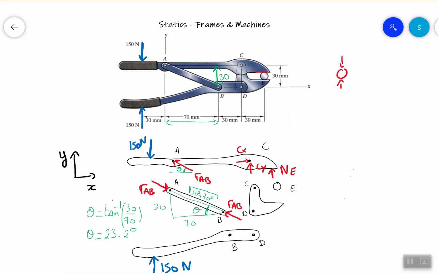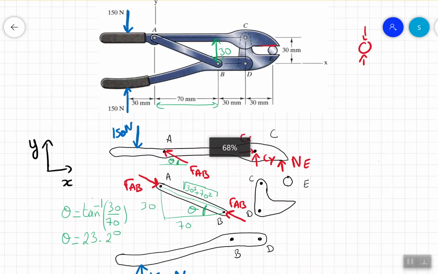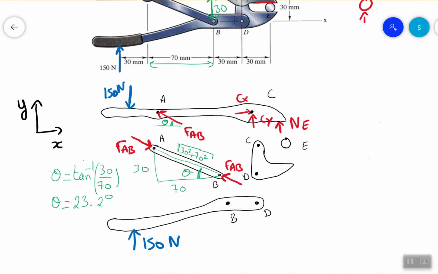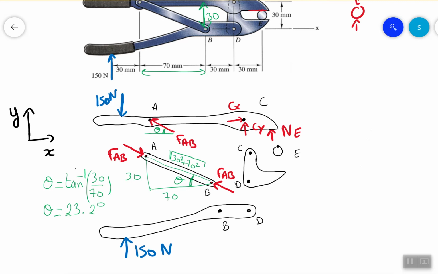This one, we will add the dimensions that we want a little bit later. Okay. This one, make it a bit bigger. So it's a little bigger. So on the member AB, we have one force, the same on both sides, but we don't have any force that we know. Let's look at this lower handle. At B, this FAB is the same there. So we have the FAB also with still the same angle theta that we know.